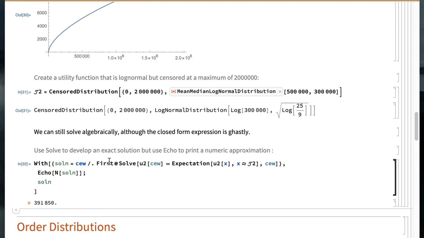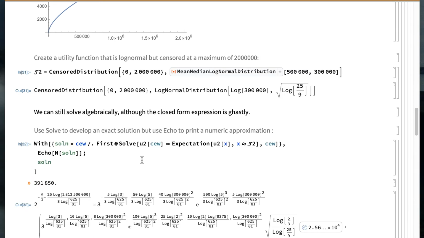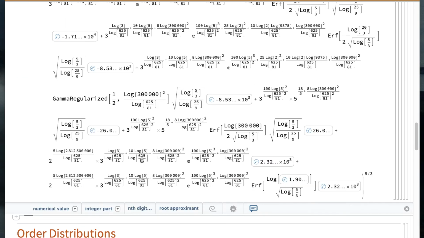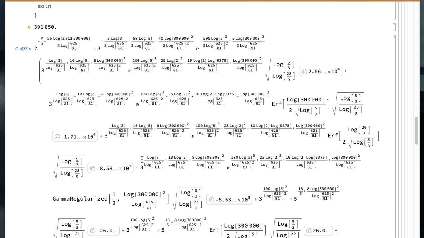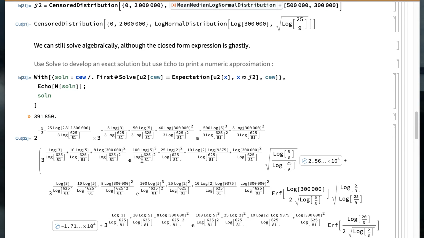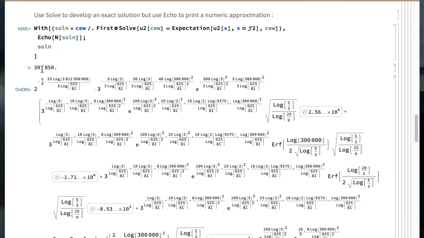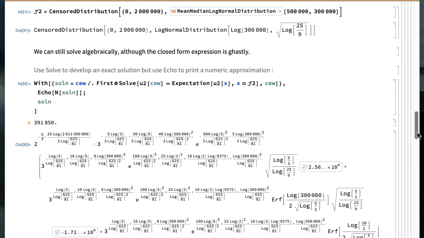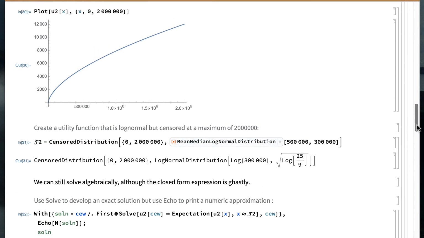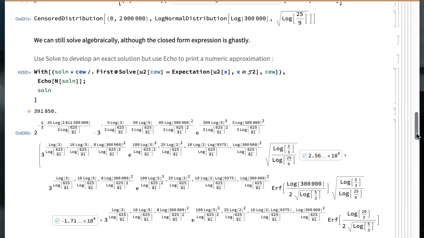This is one of the reasons we use things like Wolfram language to do algebra, because no one in their right mind would do this by hand. And it chunks along, and it gives you a formula that's so big that it doesn't fit on the page. But I did ask for a numeric value, and it's $391,850. And so that is basically the lowest amount of money our plaintiff should accept under these circumstances.